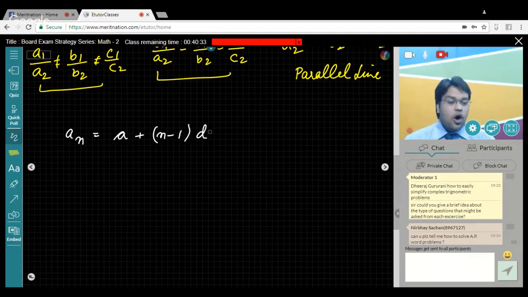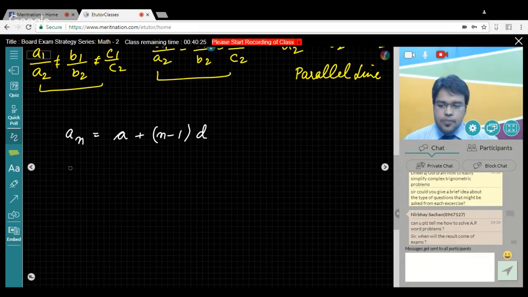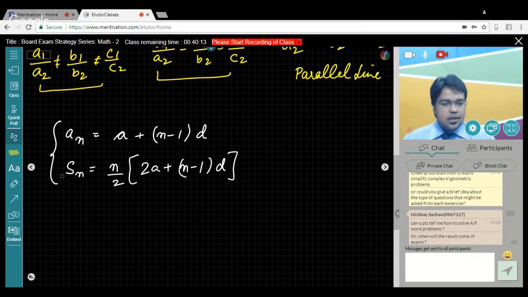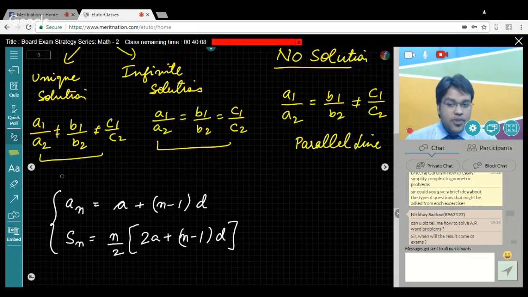You always have to write the nth term, and depending on the question, A and D will change. And also the sum of n terms, being n by 2 times (2a plus (n minus 1)d). You have to remember these two formulas, and keep basic common sense intact, and you will be good to go in your word problems of AP.